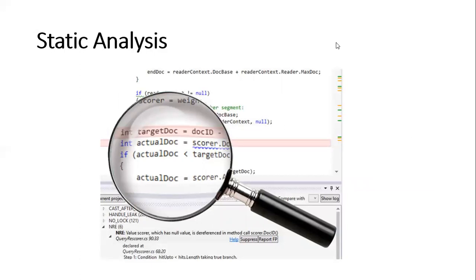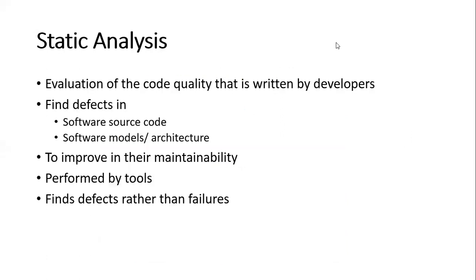The second static technique is static analysis. When it comes to static analysis, we are using special tools to identify special issues, compared to the issues found in the review. Basically, static analysis involves the evaluation of the code quality developed by the developers.